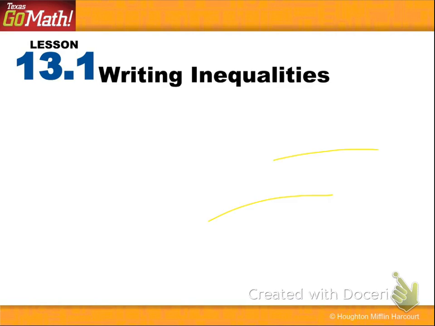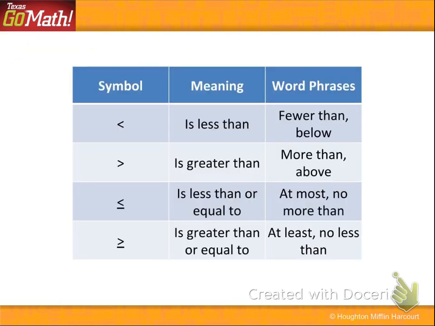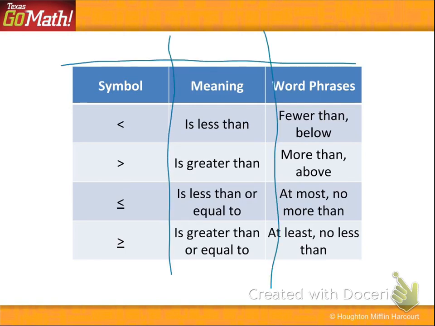I think it would really benefit you if you would, in your journal, go ahead and pause this video and write down what you see here on the screen. Set up your journal with a double T chart, so something that looks like this, and then fill in this information.